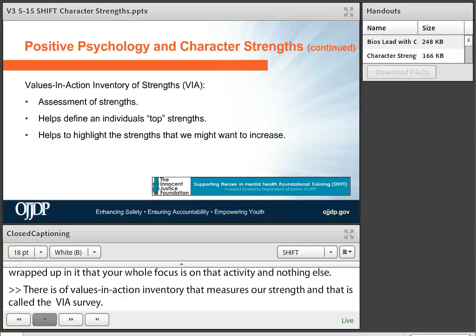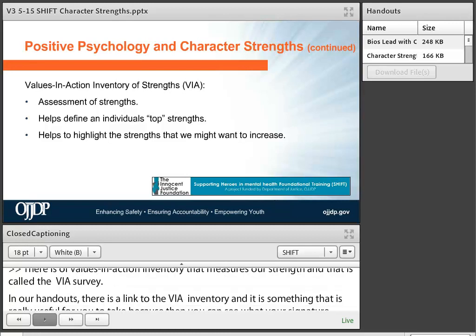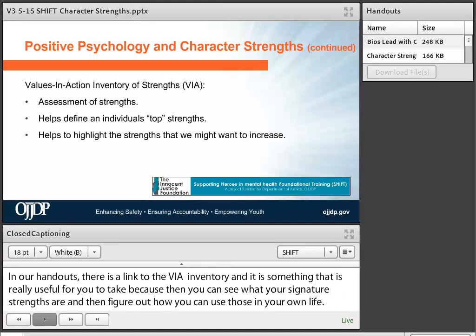The assessment came about with Marty Seligman and some of his cohorts, who decided they wanted to find out what character strengths we all universally have.